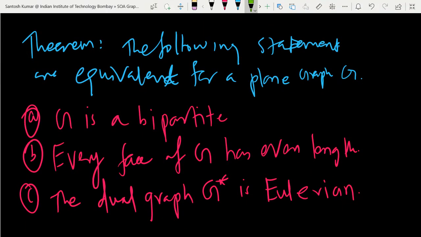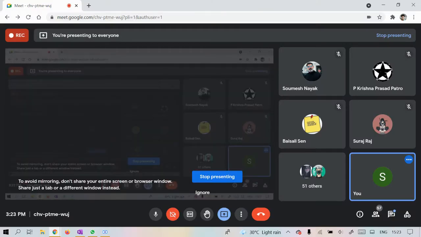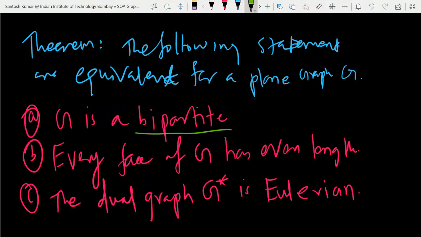First, can anyone tell me what a bipartite graph is?